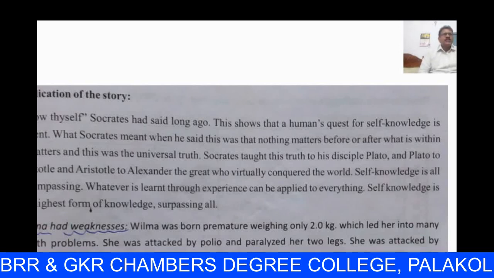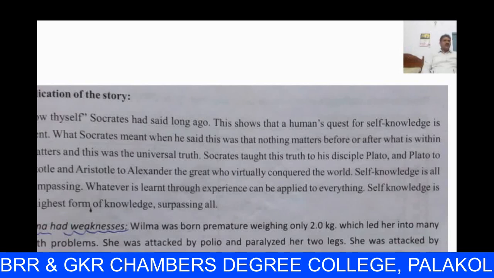He taught this proverb or saying to his disciple Plato. He is also a great person in Greece, Plato. He was taught by Socrates, know thyself. And this great person taught his disciple Aristotle.